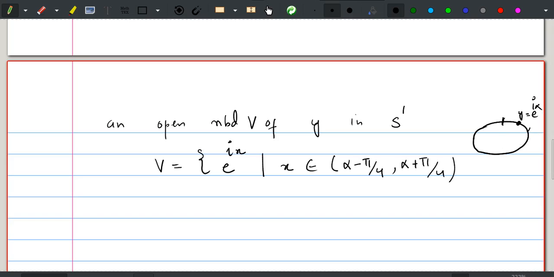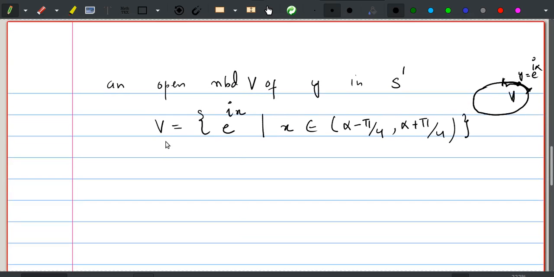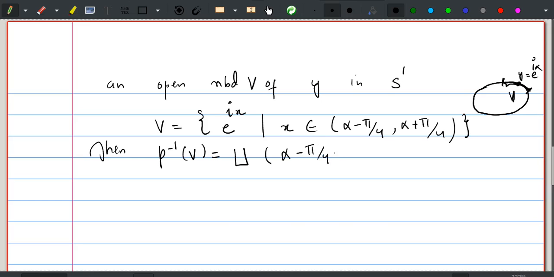Now we are taking this open arc, so this is our V. Now let us see what is the inverse of this V. P inverse V is a disjoint union of open intervals, alpha minus pi by 4 plus 2 pi j and alpha plus pi by 4 plus 2 pi j, where j is an integer.